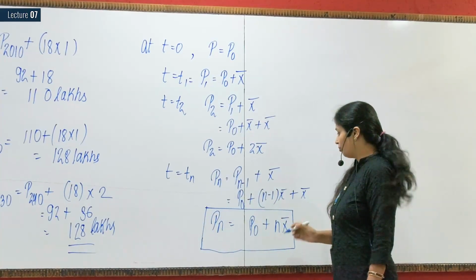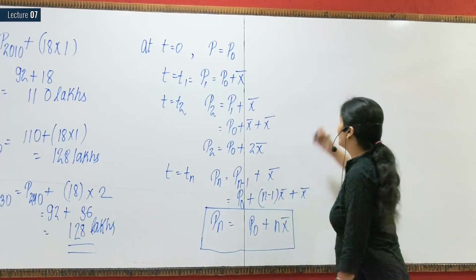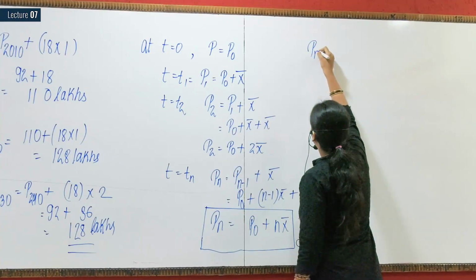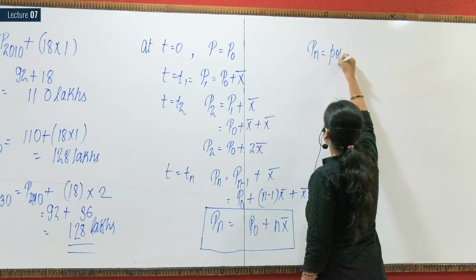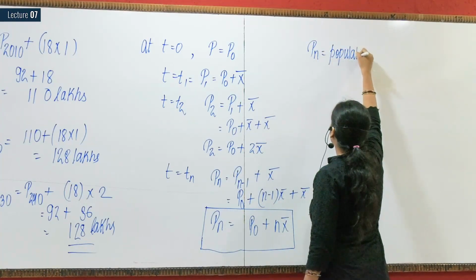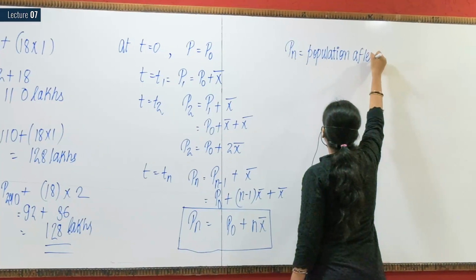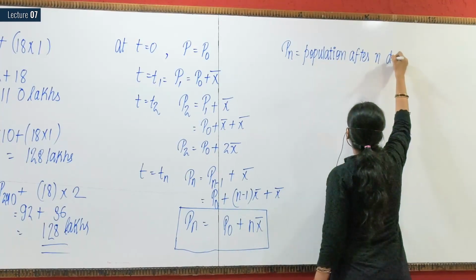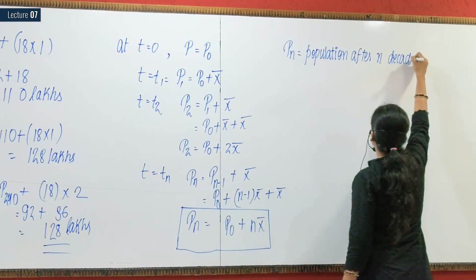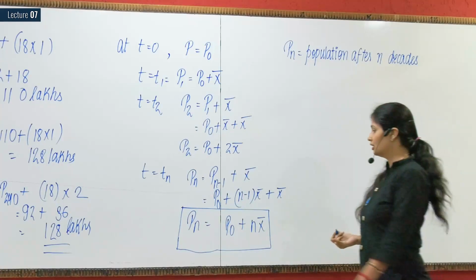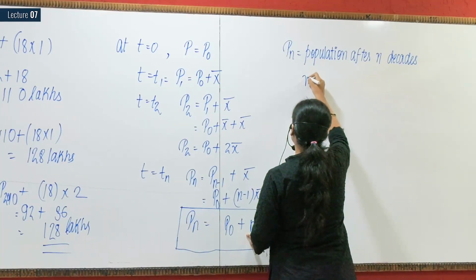Fine. Now, what is this Pn? Pn is population after n decades. N is what? N is the number of decades.